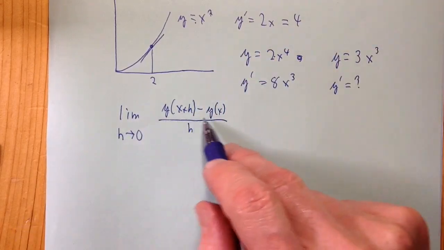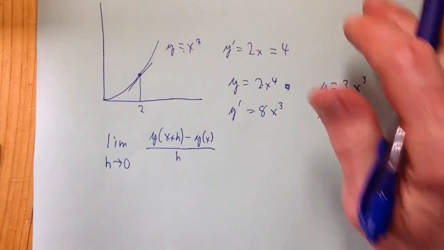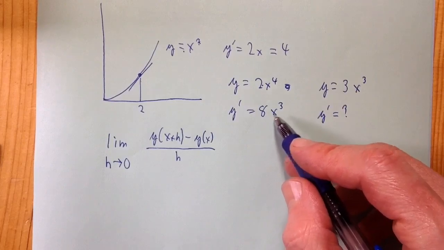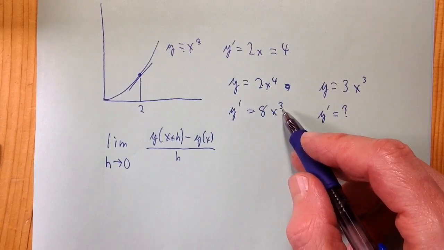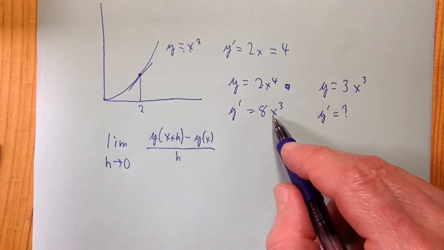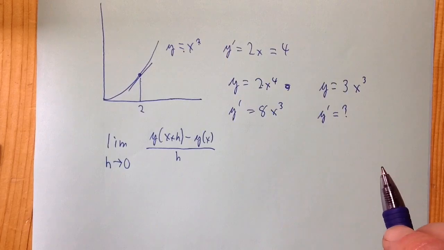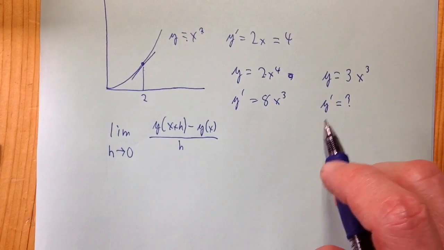And we plug in our function here, we do some algebra, and we get the derivative. And again, anytime we have something like these, the way you solve it is the exponent times the number in front times x to the exponent minus 1. Okay, that's what Calc 1 is about.